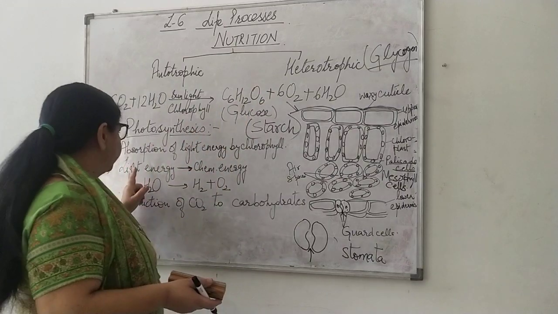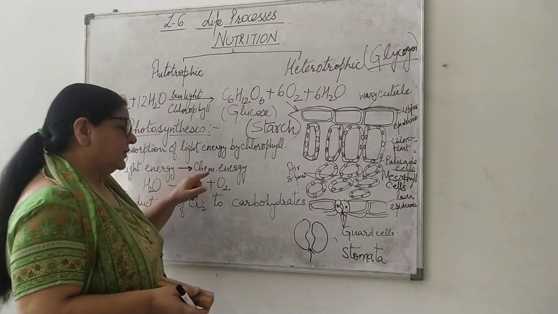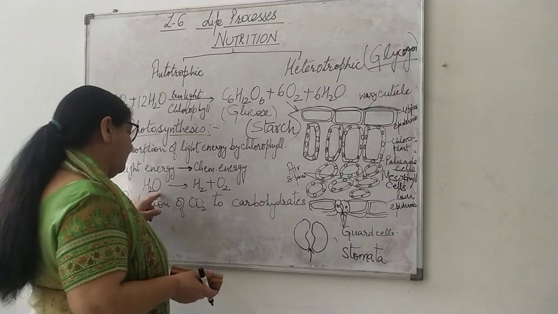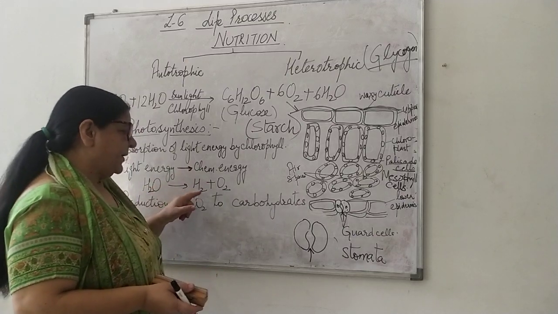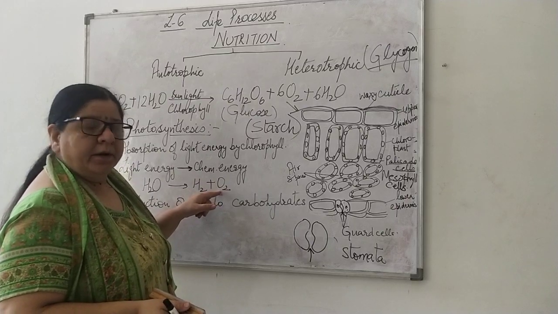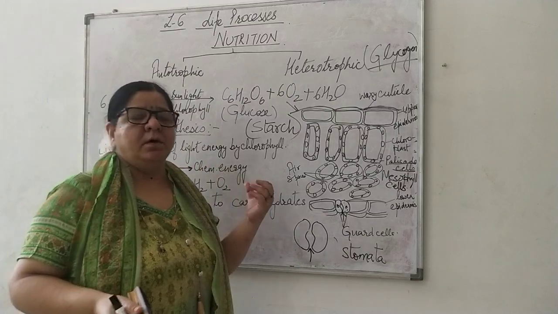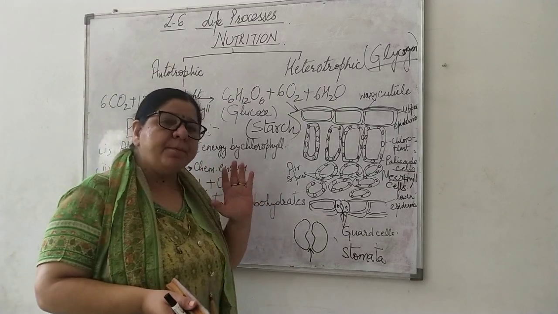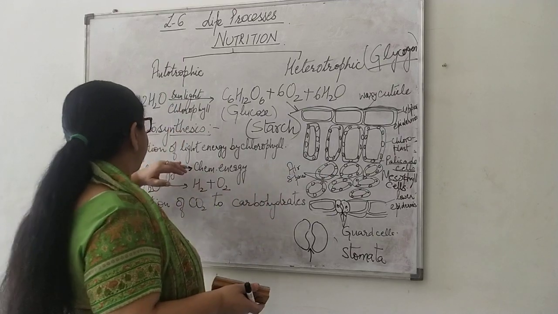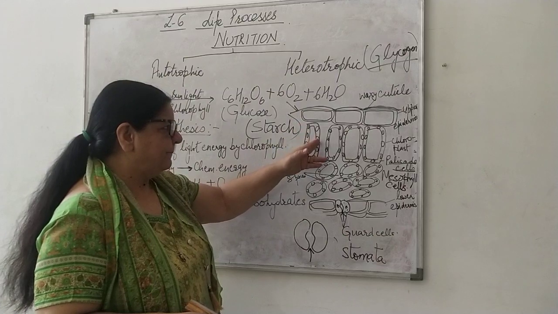And then this light energy will be converted into chemical energy, and the water molecule will split up into hydrogen and oxygen, right? There are light and dark reactions for the process of splitting up, but we will not be taking that. That is not in your syllabus, right? So the first process is absorption of light energy by chlorophyll.